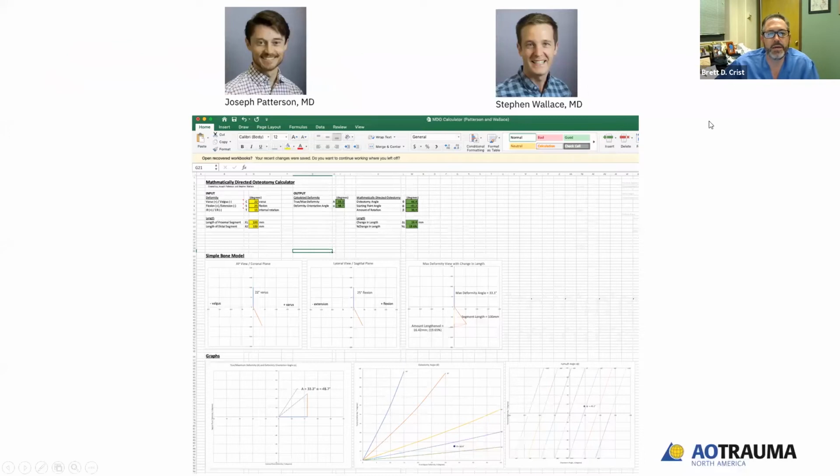And so this is a program that I believe a resident and fellow there at Harborview have been developing with him to help calculate these angles without having to make your brain hurt with drawing diagrams, etc. So I've planned these before, and I did a distal femur and a proximal tibia, and it took me 6 hours.